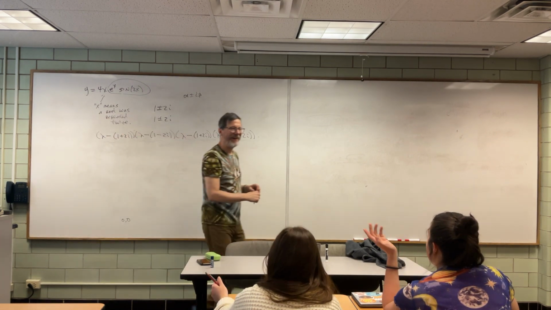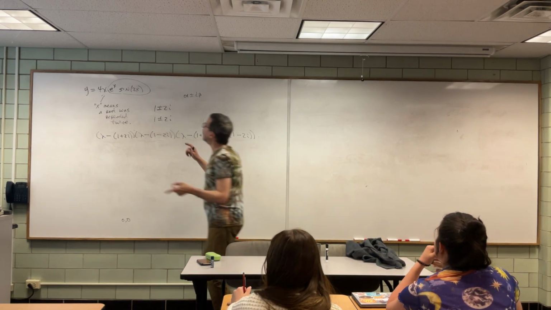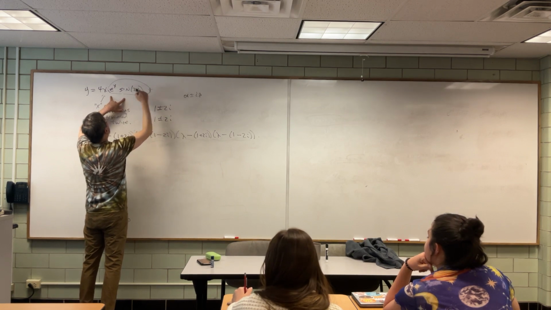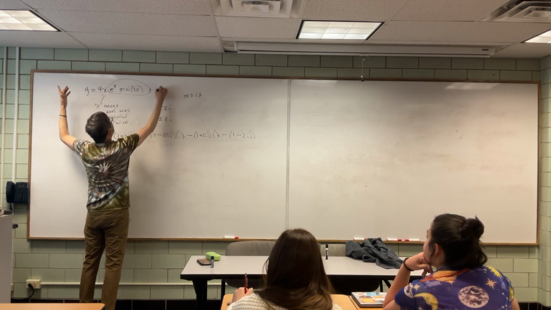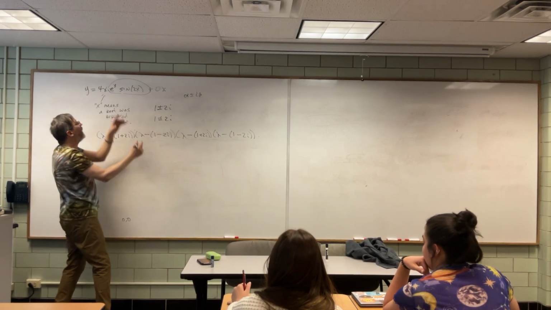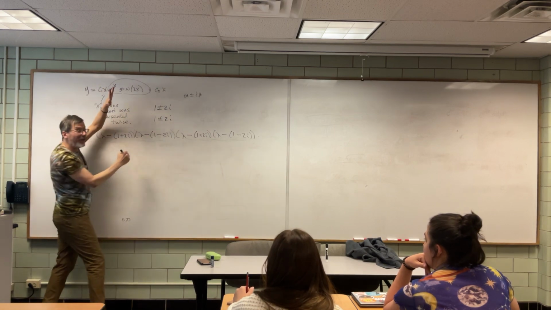Yes? Does it matter that there's no cosine, or does that become relevant later? It doesn't matter. What an awesome question, Kitra, because what that means is that there might be one, but it has a 0 in front. Because these numbers in front are the C's we end up solving for.